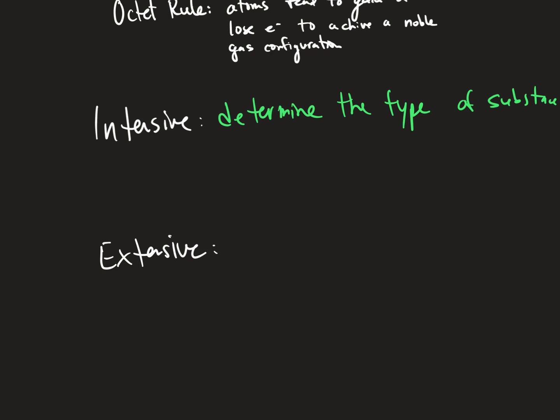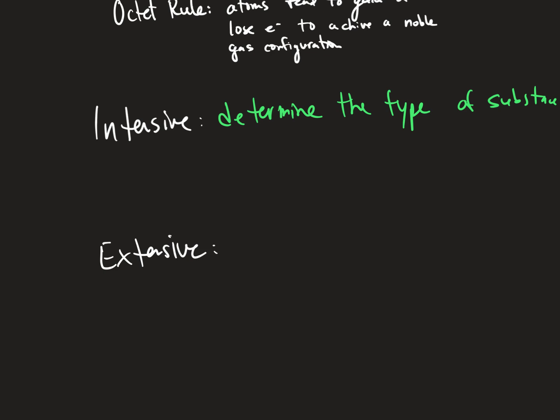No. Does that make sense? What if its melting point is 0 degrees Celsius? What does that tell us it is? Water. That's intensive. Does that make sense? Yeah, it does. Great. Anything else?